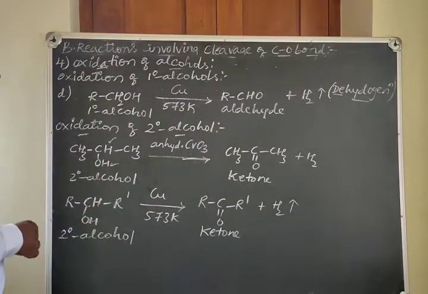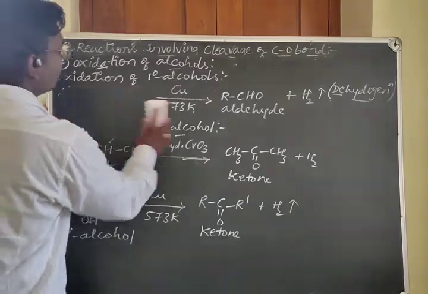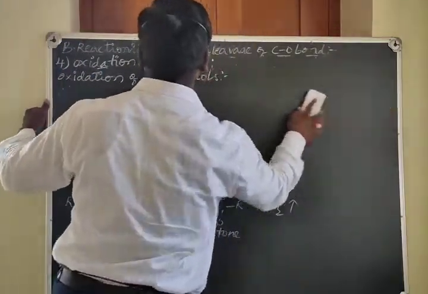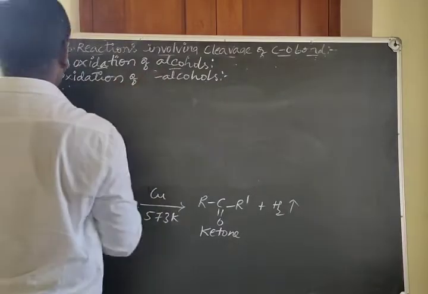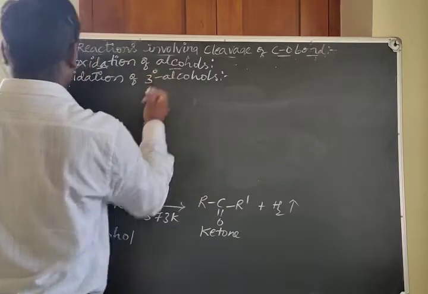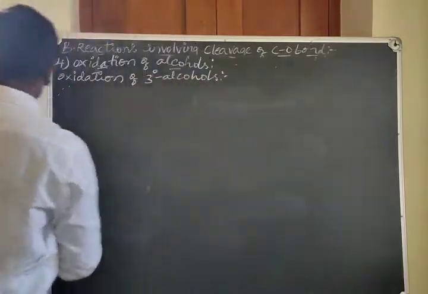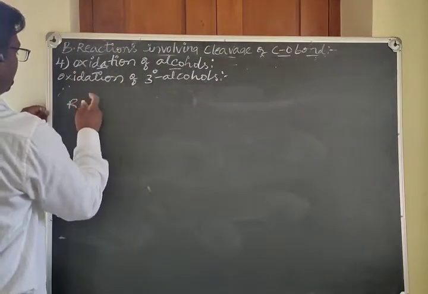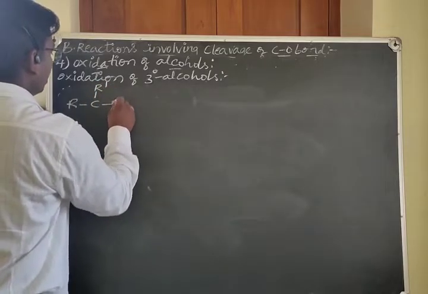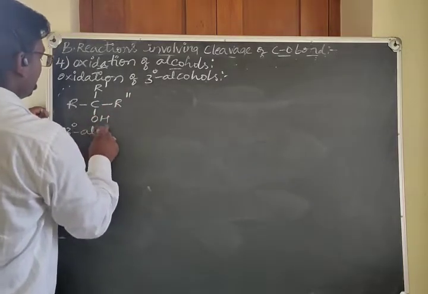Let's talk about the oxidation of tertiary alcohols. Take the general representation R, C, R dash, R double dash, OH. For example, it is a tertiary alcohol.